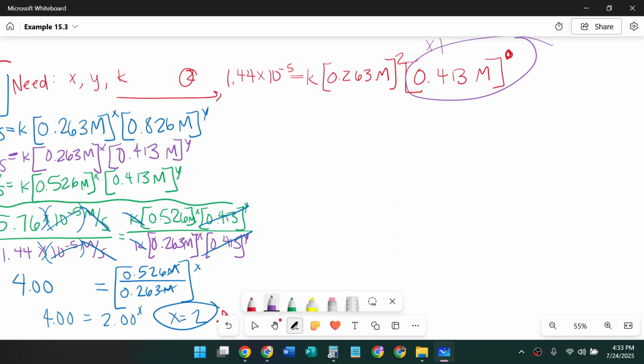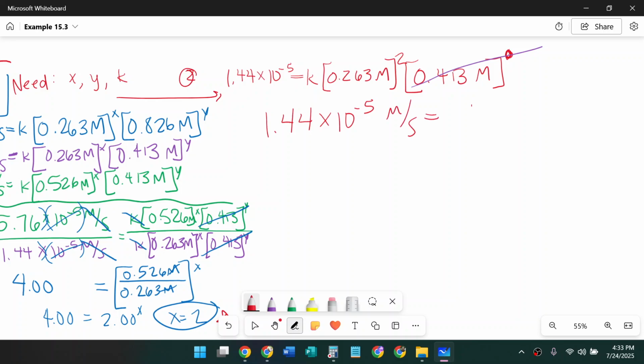So because of that, I can basically ignore it and just drop it out of the equation. So then I'm just left with 1.44 times 10 to the negative 5 m per s, which I forgot to write, equals k. And we're going to divide both sides by 0.263 m, and that's squared, to get k. Okay.